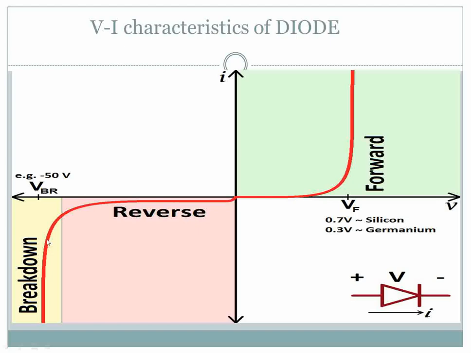In the reverse bias operation of a PN junction diode, the p-type material is connected to the negative of the battery and the n-side region is connected to the positive of the battery.